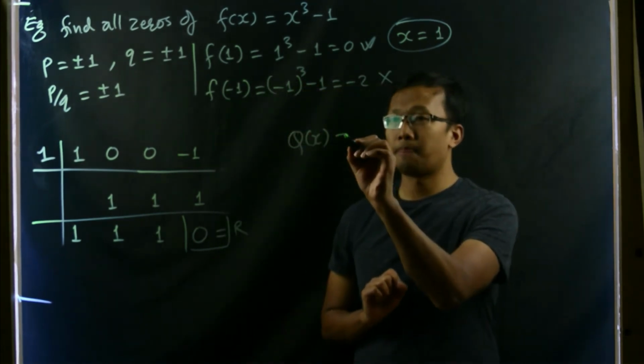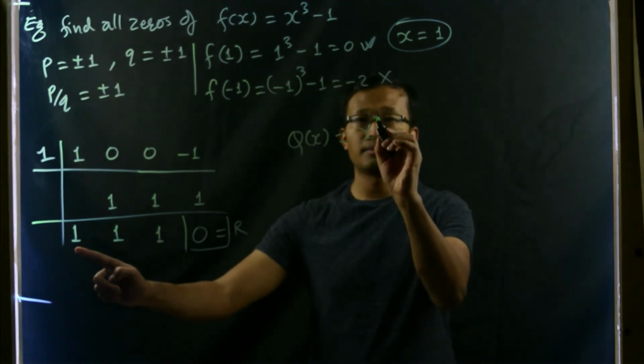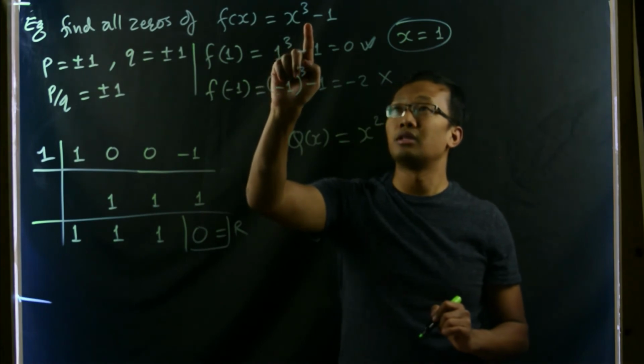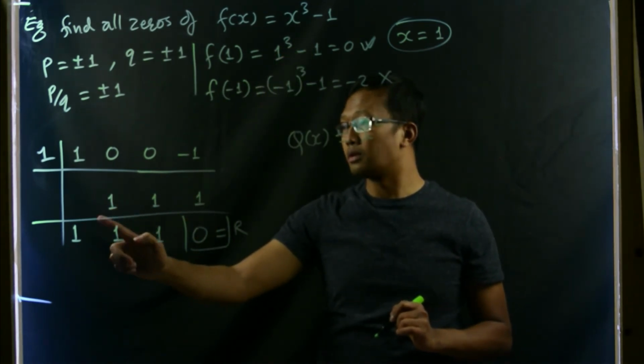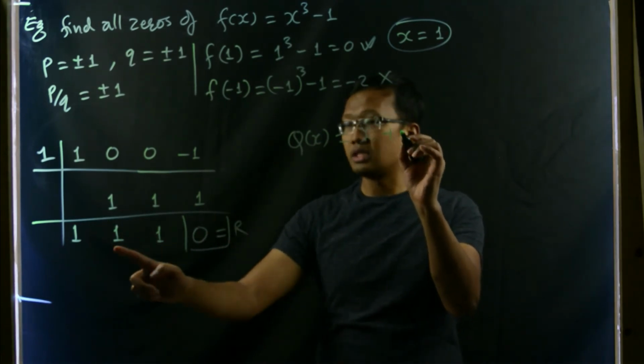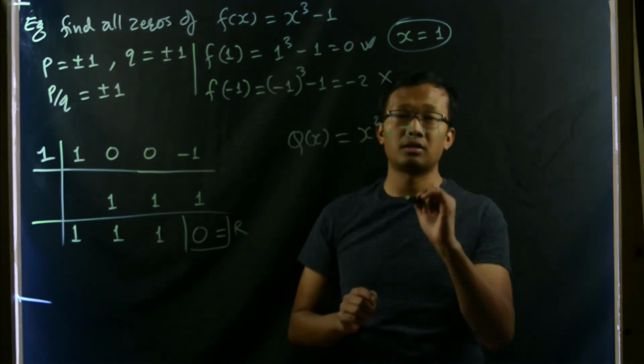is x squared. Since the highest power of the polynomial is cube, we must reduce the power by 1, plus this is x plus this is 1.